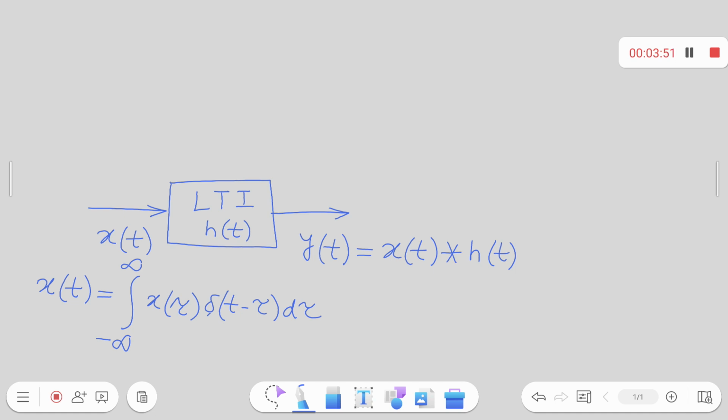Ultimately, we found that the output of such a system is the convolution integral or convolution summation between the input signal x of t and the impulse response h of t. So that is the story as of now.